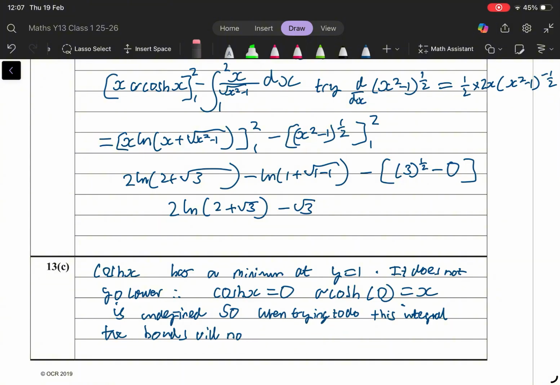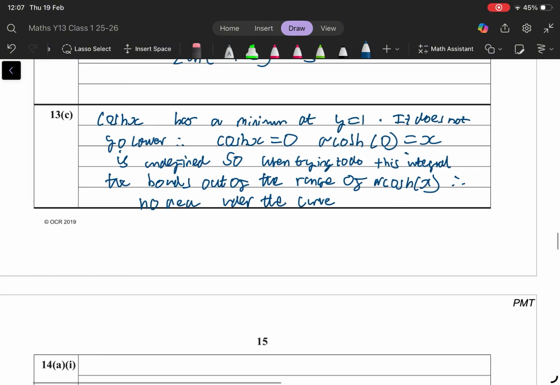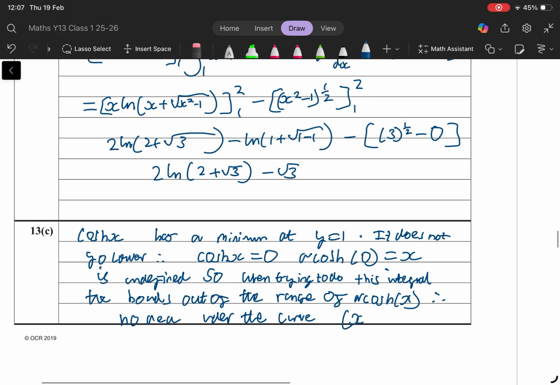The bounds are out of the range of arcosh of x, so there is no area under the curve. Also, you could say that the x squared minus 1 to the half bit from 1 to 0 would equal 0 minus 1 to the half, which is not defined.